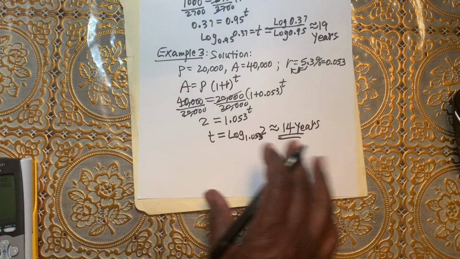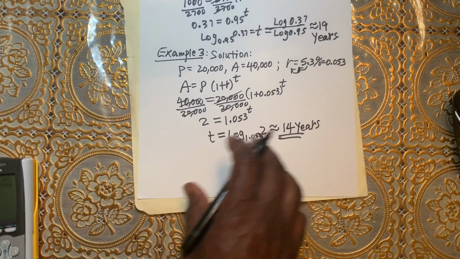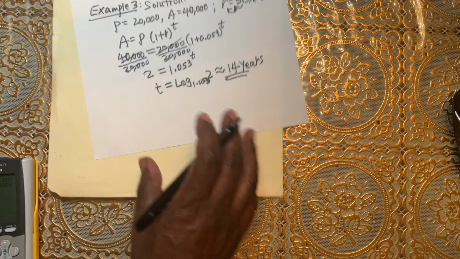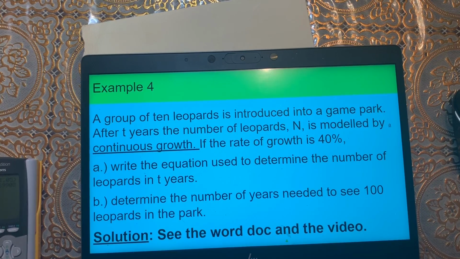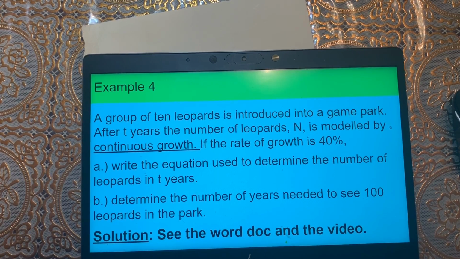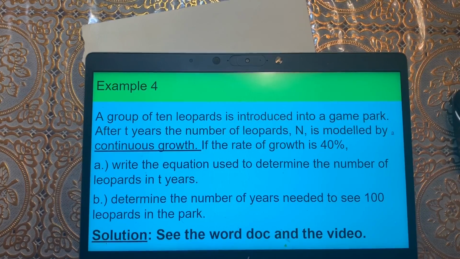Let's take the last example, the last example for our modeling by use of logarithms. A group of 10 leopards is introduced into a game park.